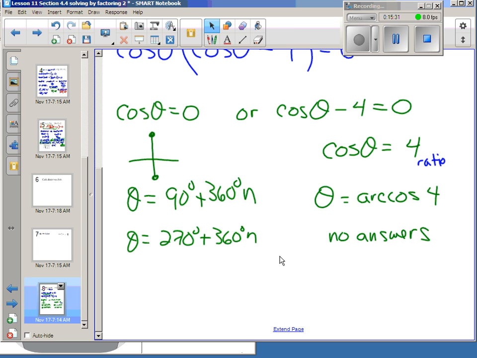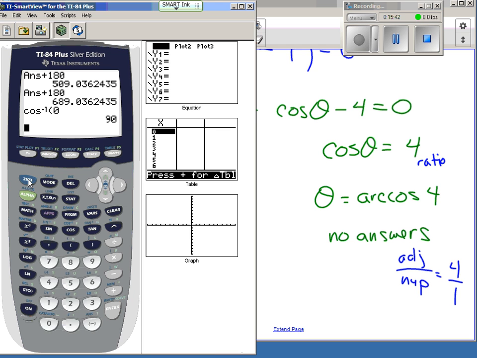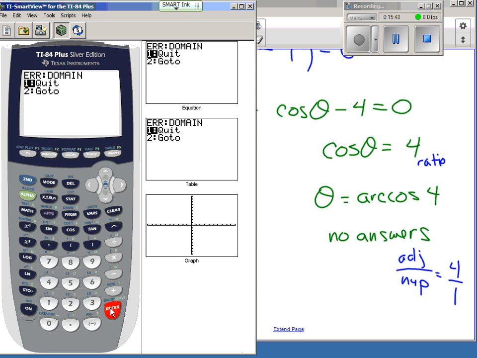Where's my cosine ratio? 4. Where is adjacent to hypotenuse? 4 to 1? The adjacent side can never be as big as the hypotenuse. And if you try to inverse cosine 4, it's going to give you an error message. Error domain. You can't find an angle that has a cosine ratio of 4 because the adjacent will never be bigger than the hypotenuse.